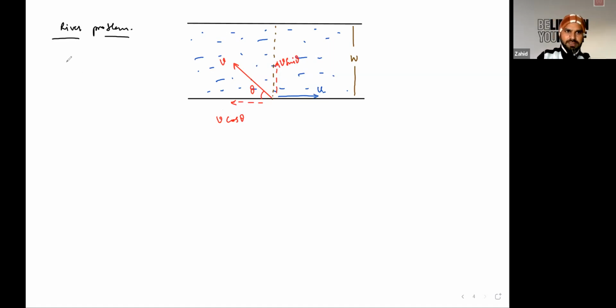In this case, I've just considered a river having width W flowing towards east at velocity u.